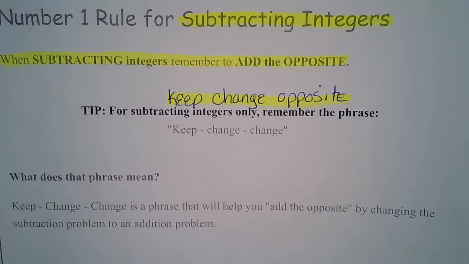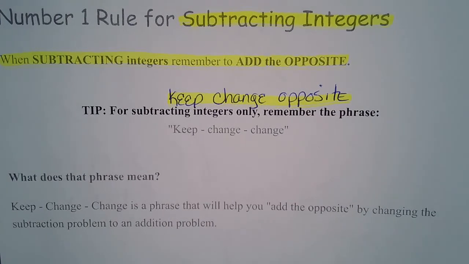So this was subtracting integers. Hopefully that was helpful. If you need to, please refer back to videos, part 1 and 2 of adding integers. These sections are very important when you're moving into pre-algebra or algebra, so you want to make sure that you master these topics.